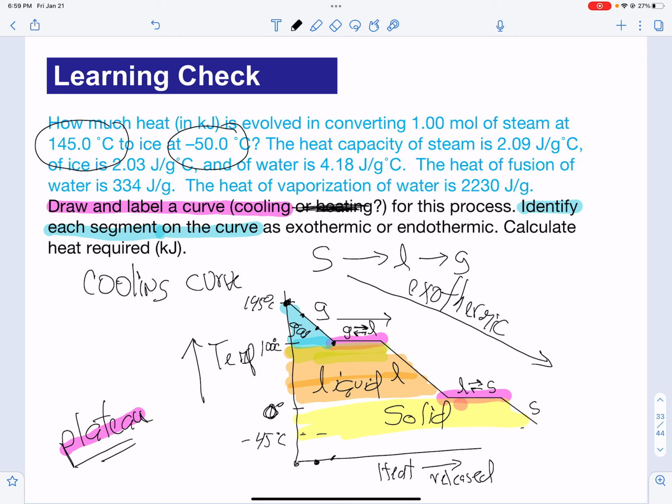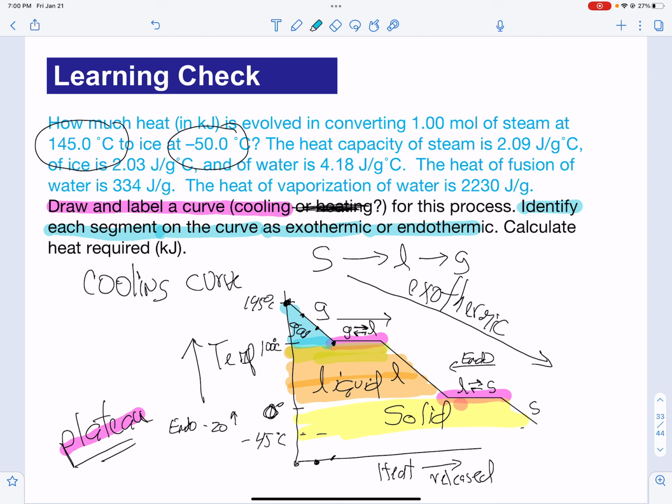What about going from solid to liquid? From solid to liquid, I'm going in the opposite direction. So that's going to be endo. What about going from minus 20 to 0? Well, you know that you are applying energy, so that's going to be endo. So we have done all that.